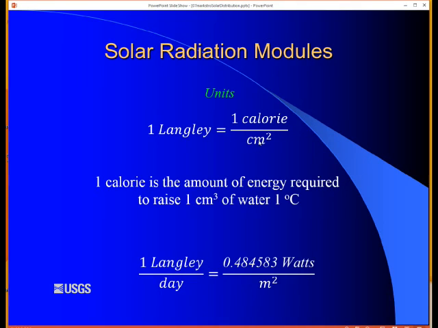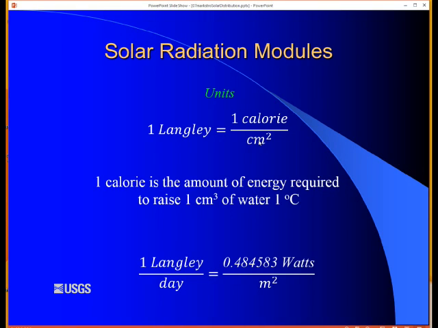So very convenient units to go from energy directly to temperature. Then if you're thinking about a more modern or common set of units, it is watts per meter squared. You can see the conversion factor between 1 Langley per day and watts per meter squared.